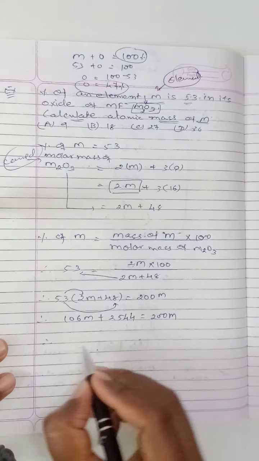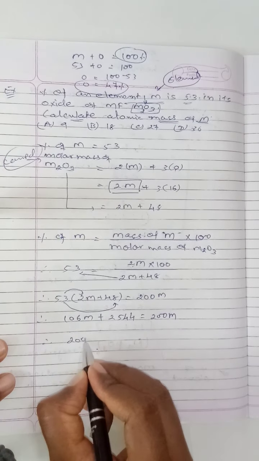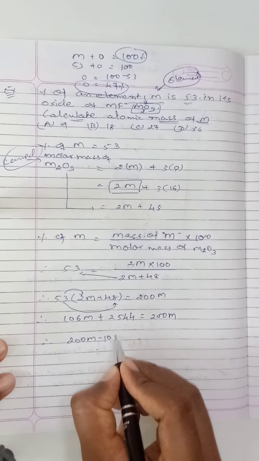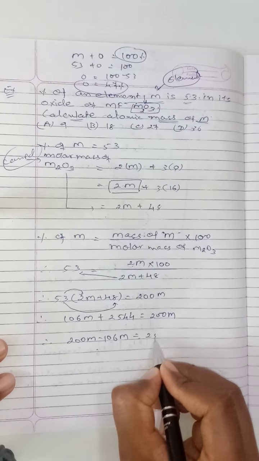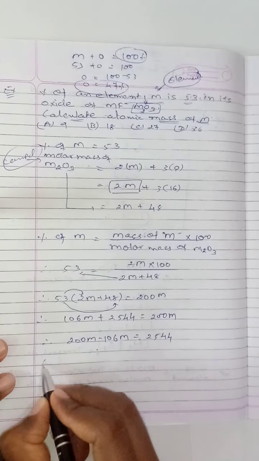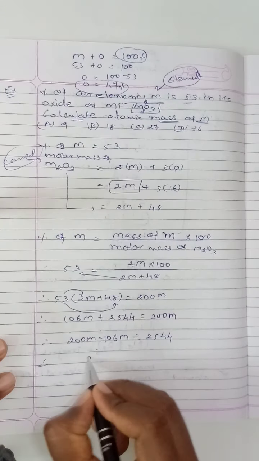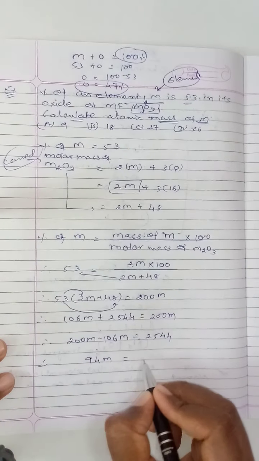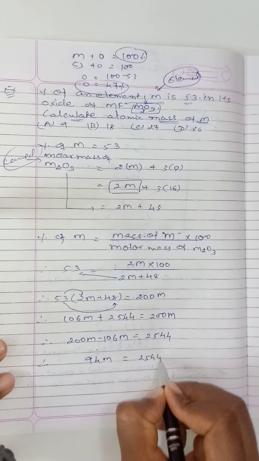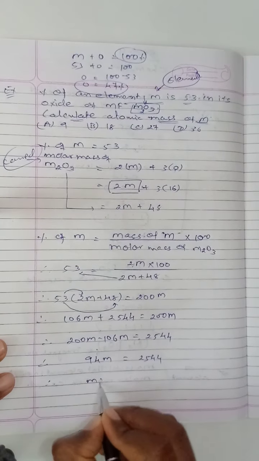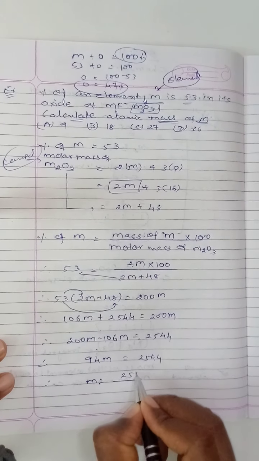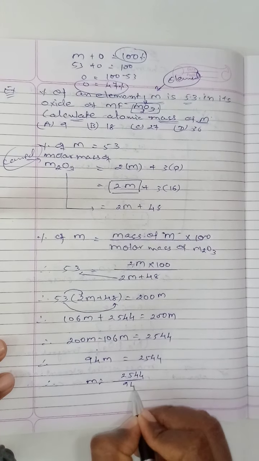Therefore the simplification: 200M minus 106M equals 2544. Therefore 200 minus 106, 94M equals 2544. Therefore M equals 2544 divided by 94.